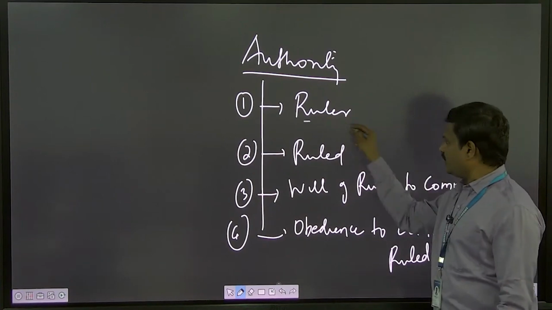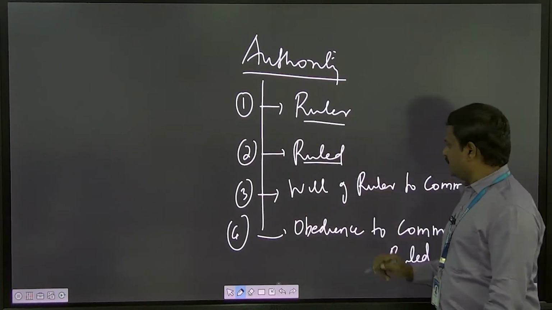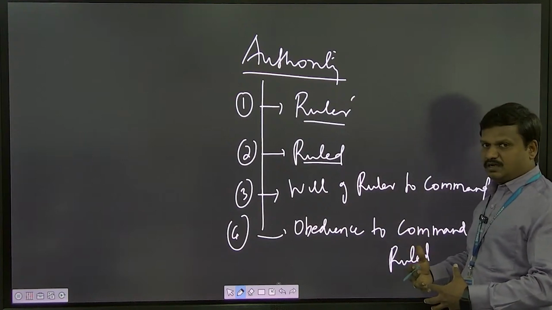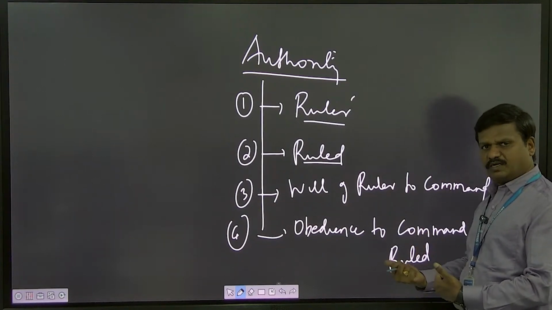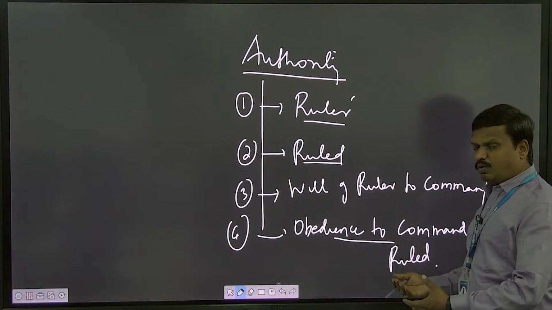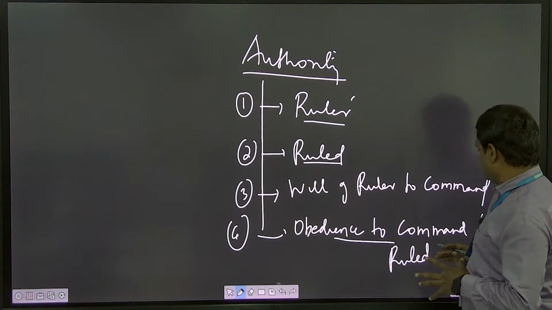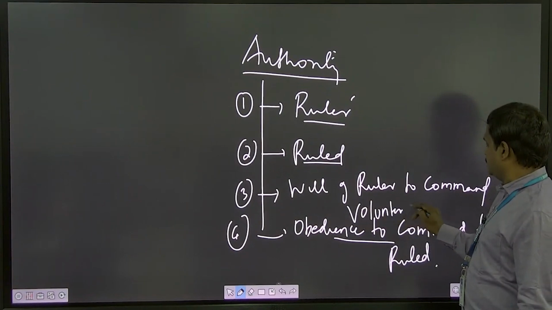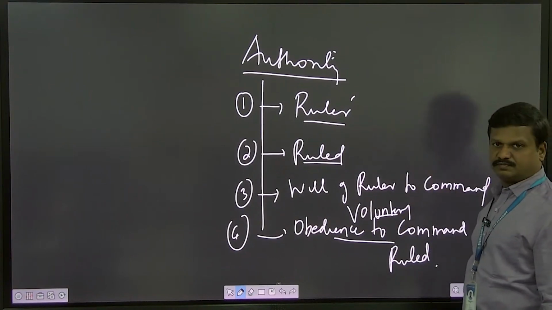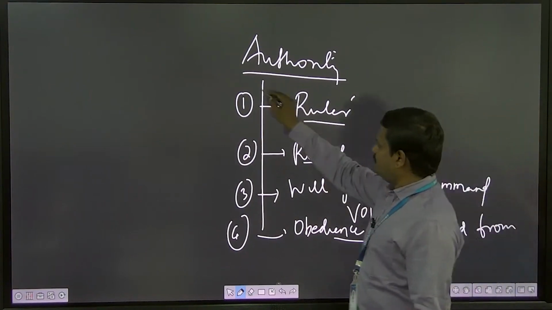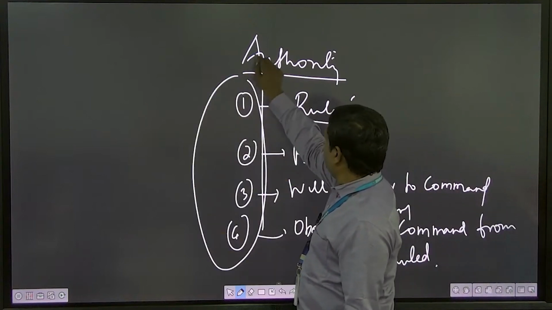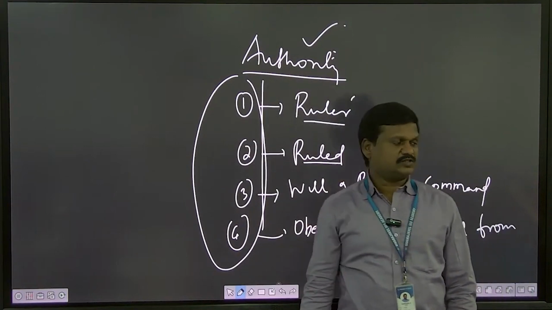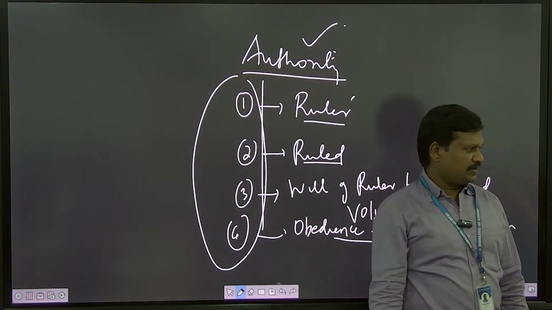There should be a ruler, there should be people, and the ruler should be having a desire to command, and people should be voluntarily obeying the command. So voluntary obedience to the command of the ruler. These 4 components should be there in authority.